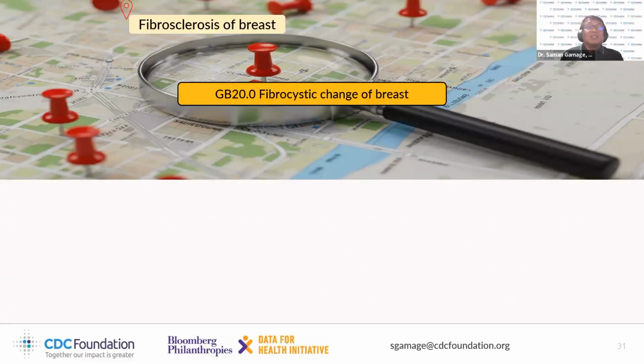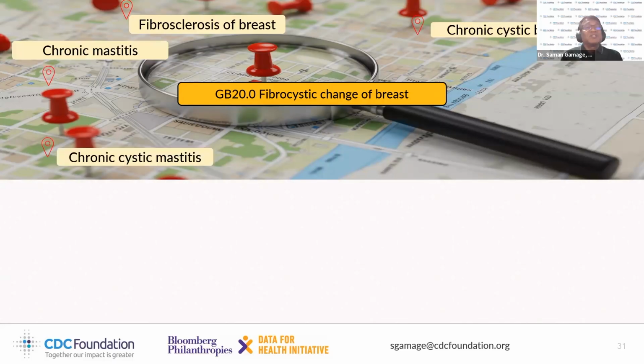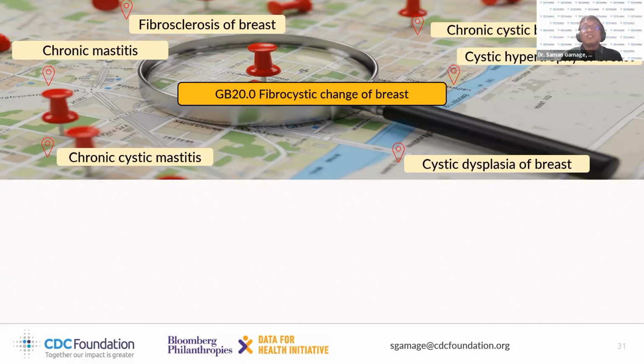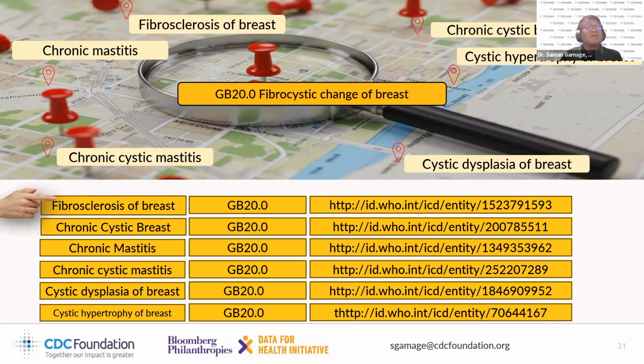However, there are other conditions of the breast: fibrosclerosis of breast, chronic cystic breast, chronic mastitis, chronic cystic mastitis, cystic dysplasia of breast, then cystic hypertrophy of breast, and all these conditions share the same ICD-11 code GB20.0, which is specific for the fibrocystic change of breast. In other words, these are index terms under GB20.0, but these conditions have different URIs.